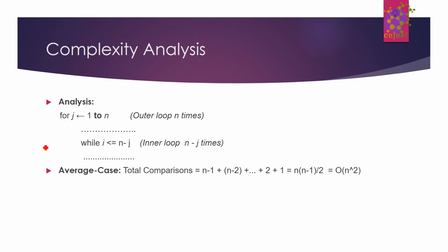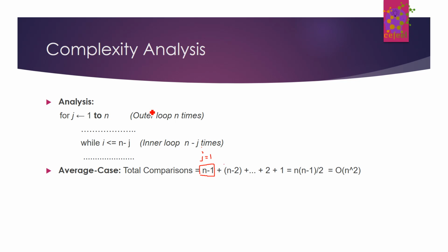For the first case, when j equals 1, our i starts from 1 to n minus j, so n minus j is now n minus 1. In this case we compare the first element with the second and so on. So we do n minus 1 comparisons in the first iteration, when j equals 1.